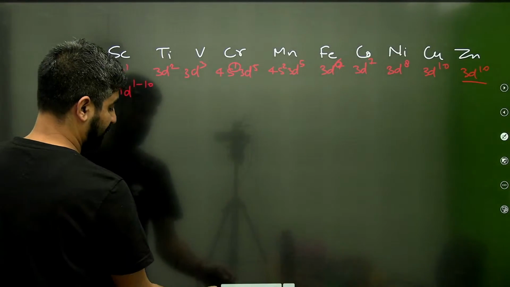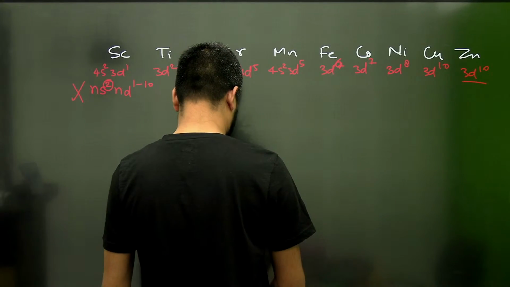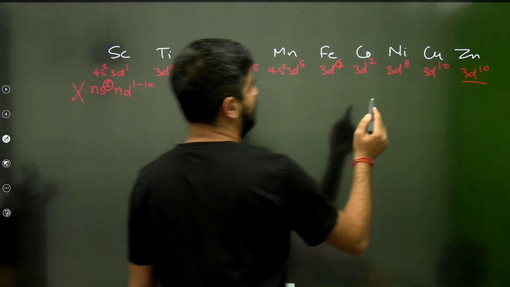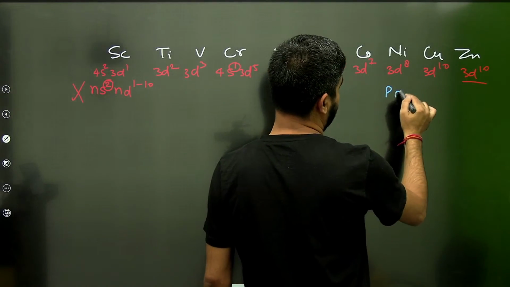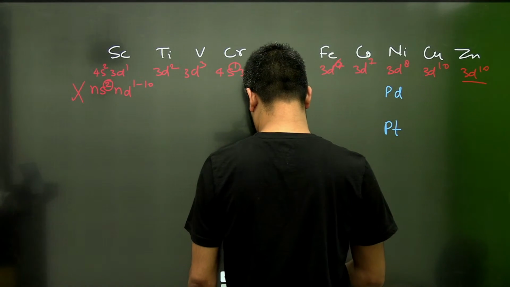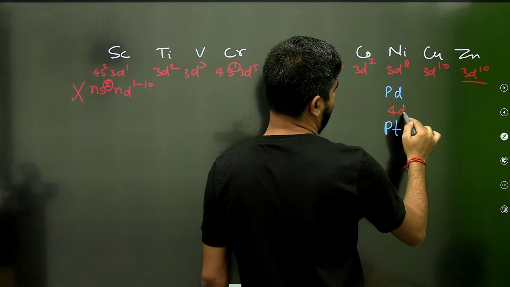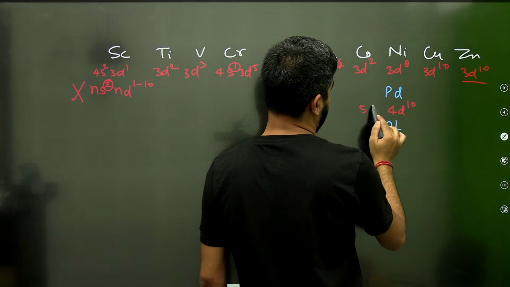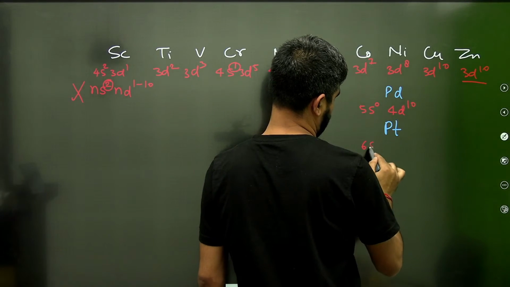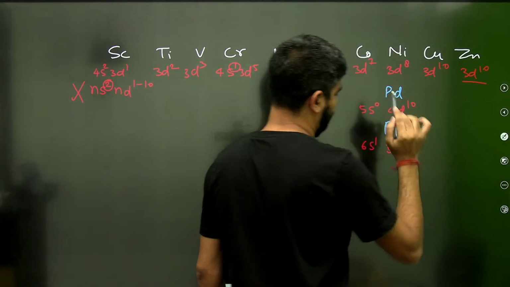So what I'm saying here, guys, is that instead of nickel, if I write Pd, Pt, the configuration for Pd will be 4d10, 5s0, and for Pt 5d10, 6s0.